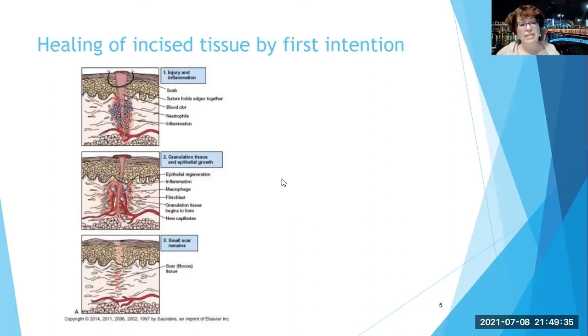So fibroblasts and connective tissue enter the area and produce collagen. That is the protein that is the basic component of scar tissue, and it provides strength for the new repair. Fibroblasts and macrophages produce growth factors in the local area for the purpose of attracting more fibroblasts.